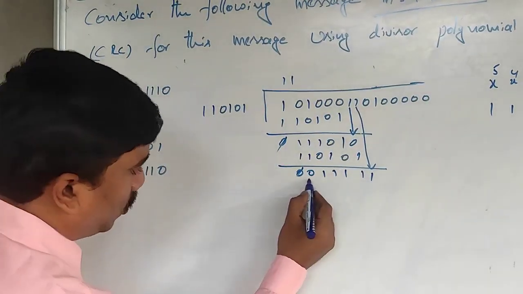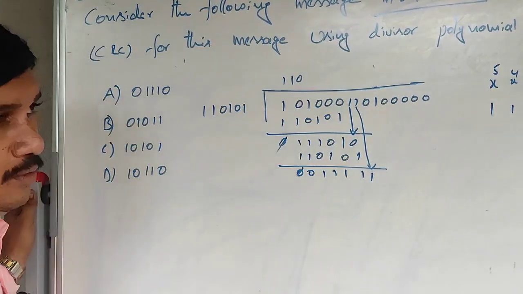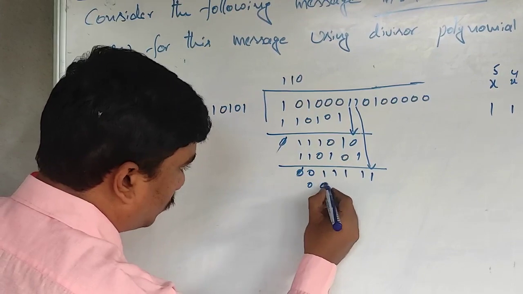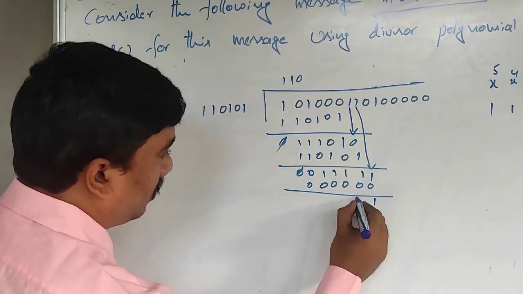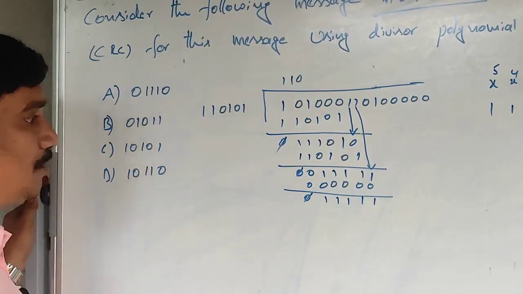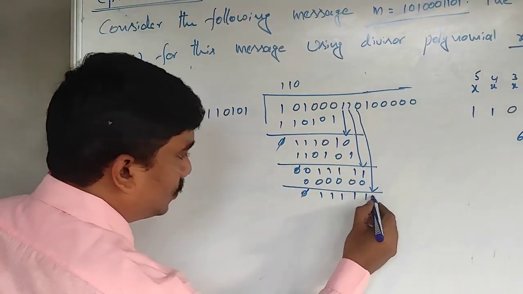So, whenever the leftmost bit is 0, then no need to use 1, because it is a 0, then we have to consider the zeros, all zeros. 1 1 1 1 1 0, cancel the leftmost bit, and put down one more bit, that is a 0.